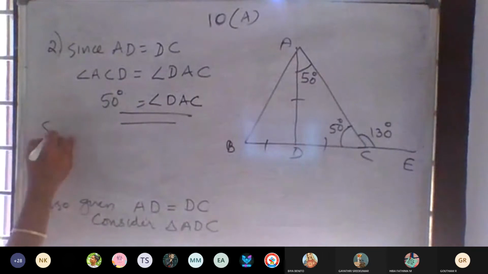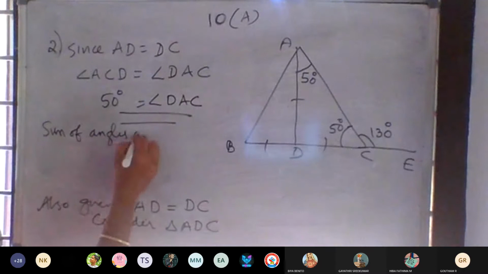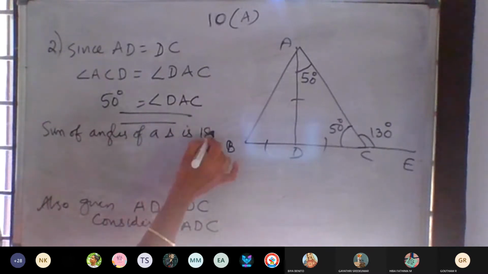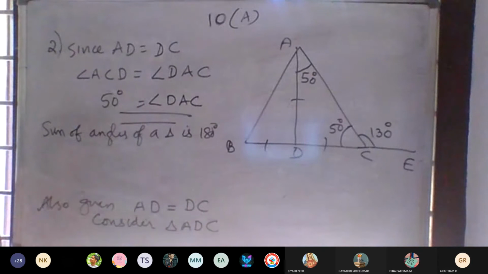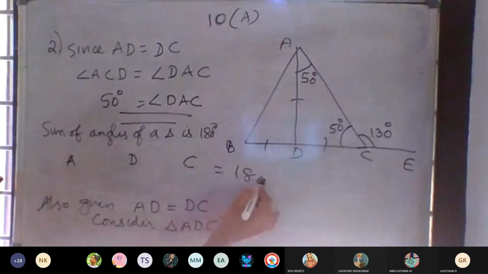The next step: sum of angles of a triangle is 180 degrees. So the same triangle we are considering, ADC. Which are the three angles? A, D, C. Sum is 180 degrees.